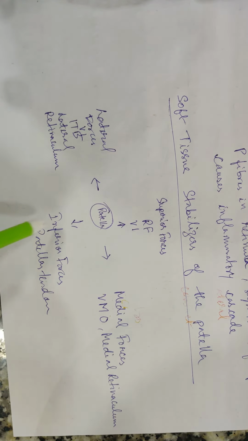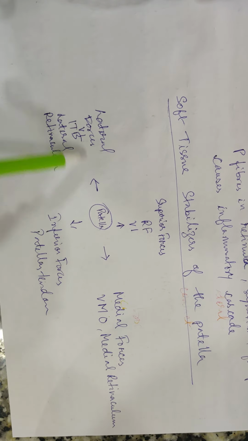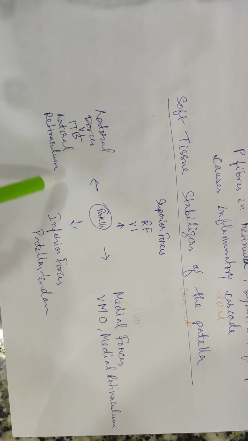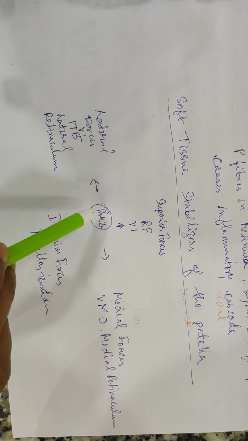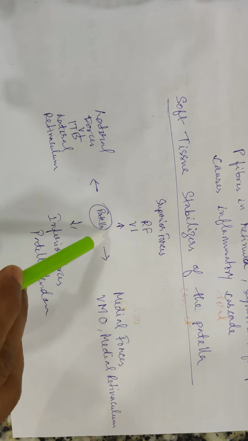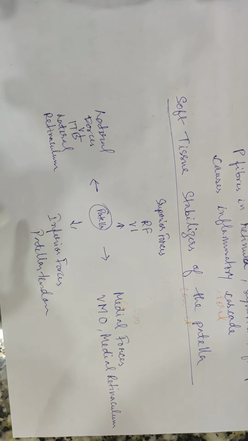Then you have the downward, inferior forces of the patellar tendon, and we have the lateral forces of the vastus lateralis, the ITB, the iliotibial band, which is continued from the hip, and the lateral retinaculum. So altogether the patella is working against all these 4 types of forces.